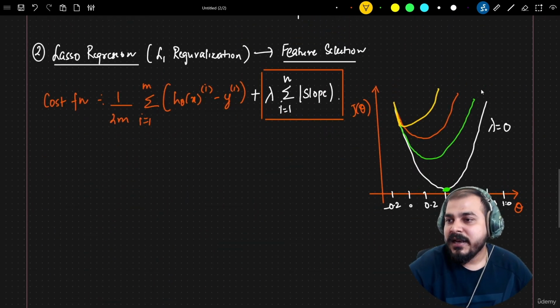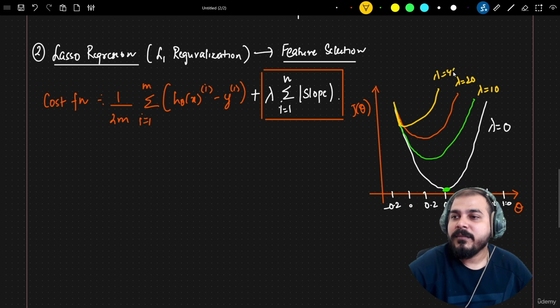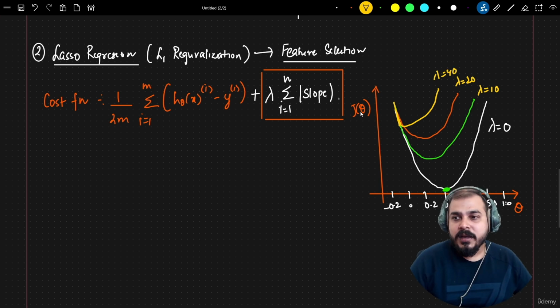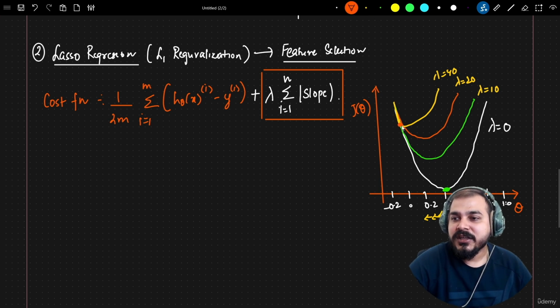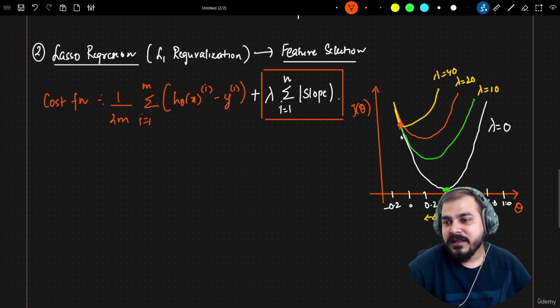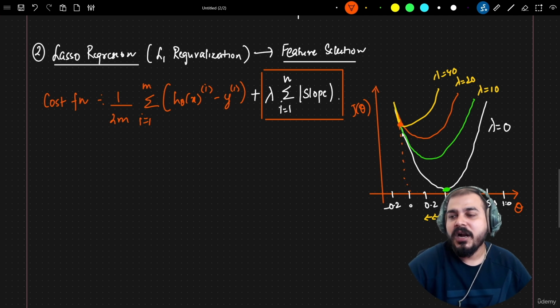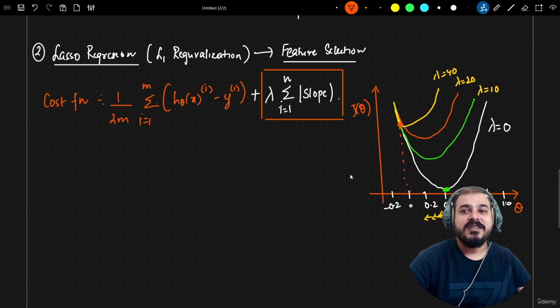Let's say the green line is when lambda is equal to 10, this is lambda equal to 20, and this is lambda equal to 40. As I increase my lambda, my theta value is decreasing. But you will see that after some point, my theta value will become 0. So in short, my coefficient is actually becoming 0.